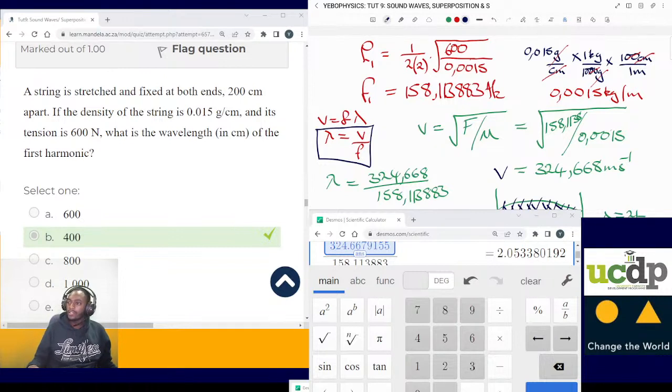Right, let's continue and look at the last question. I was just trying to see if I can see something quick that can help us.